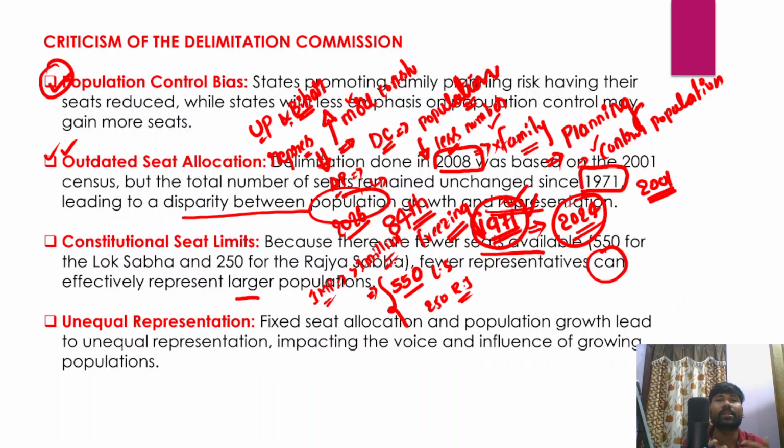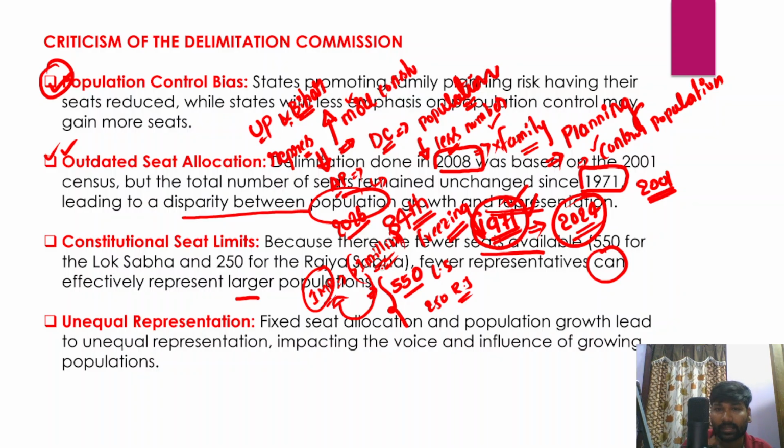It will be very difficult, because it is very important for the MP to represent the wishes and aspirations of the people. When there are more people, it will be very difficult for the MP to represent the wishes of such a huge population, right?